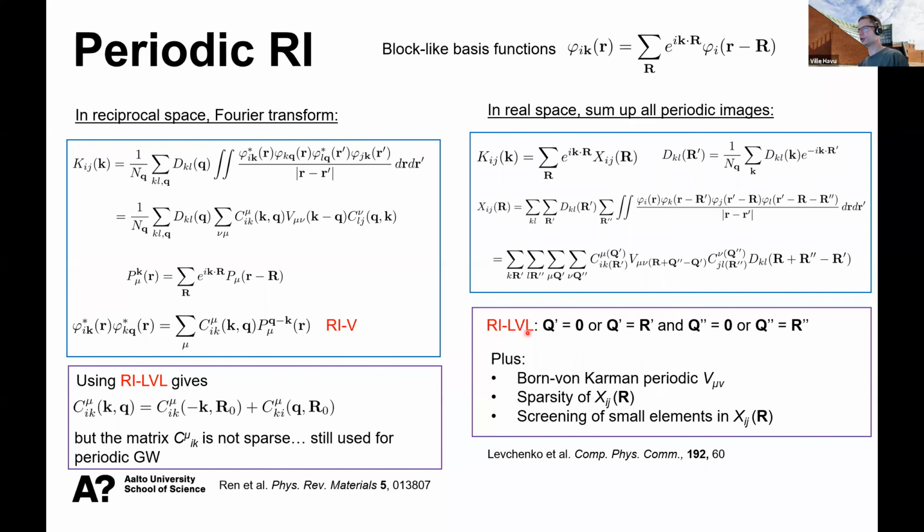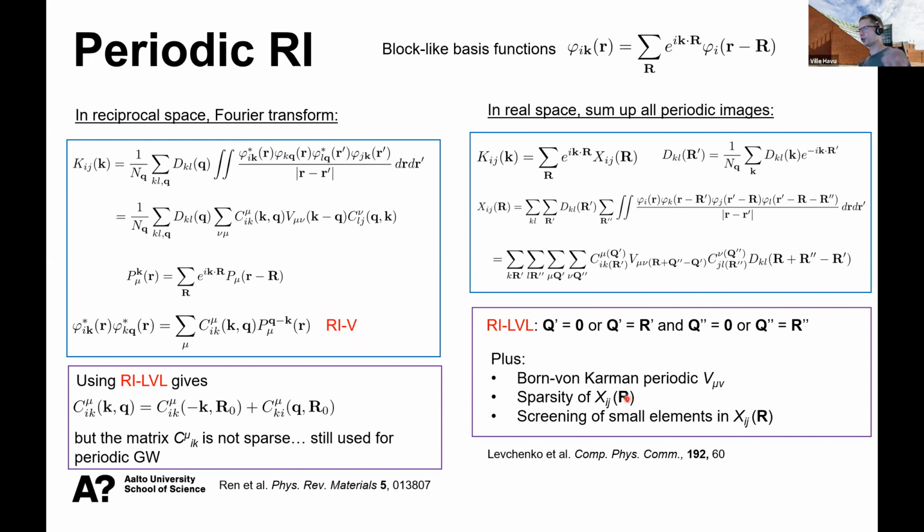RI-LVL again drops a lot of terms, but not all of them, because you have periodic images of the atoms, and you have to account for those. But you get away by using RI-LVL, using this very strong screening of small elements. It's possible here because now you have the real space screening property, which is lost in the reciprocal space.